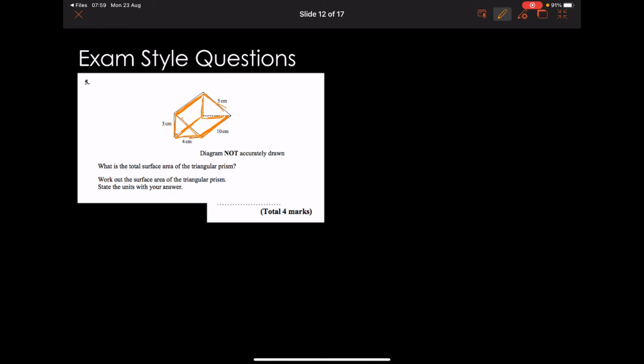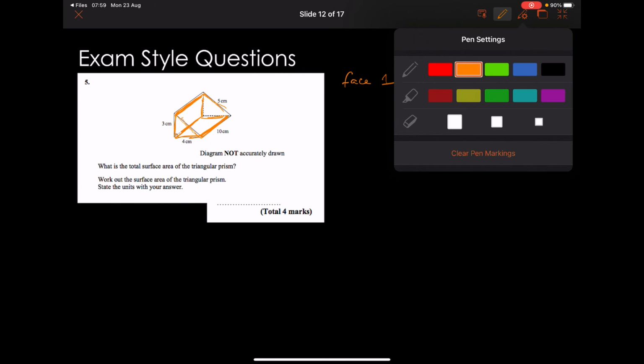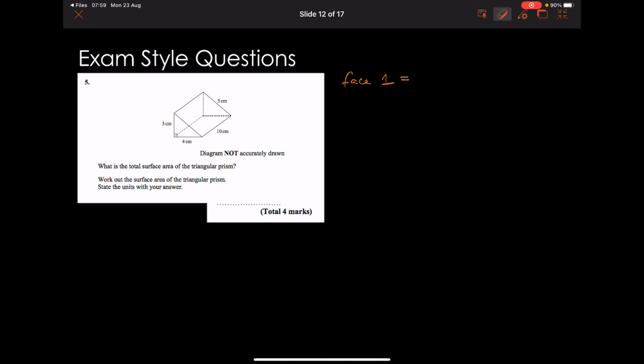So the first face, face 1, is 5 centimeters down there and 10 centimeters across there, and it's just a rectangle. So we do length times width, 10 times 5, which equals 50 centimeters squared.